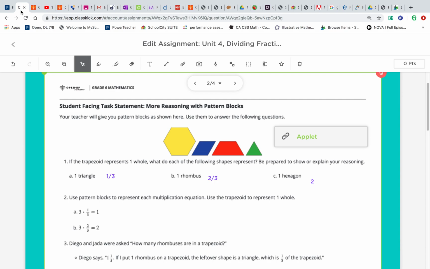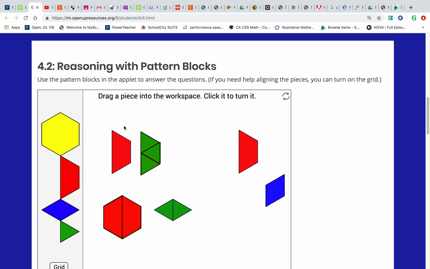All right, and then for 2B, they say that 3 times 2/3 equals 2. Well, which shape did we say was 2/3? We said a rhombus was 2/3, right? So 3 of those will equal 2. So if we get 3 rhombuses, there's 2 and 3. We got to put these together. We rotate it.